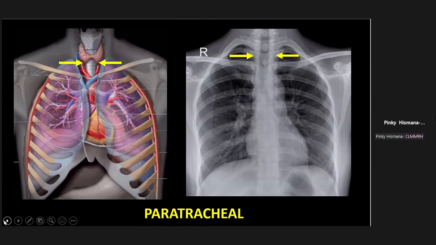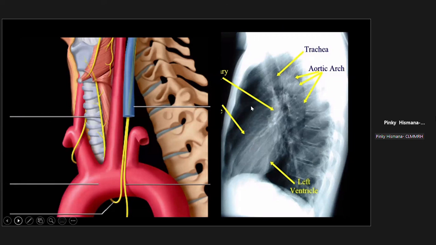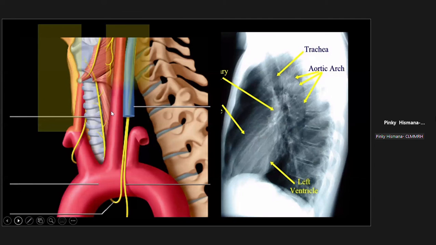Let's go back now to your paratracheal area, the area at the sides of your trachea, even at the front or posterior to your trachea. That would be your paratracheal areas. So laterally, if this is your trachea, the paratracheal area would be at this portion.